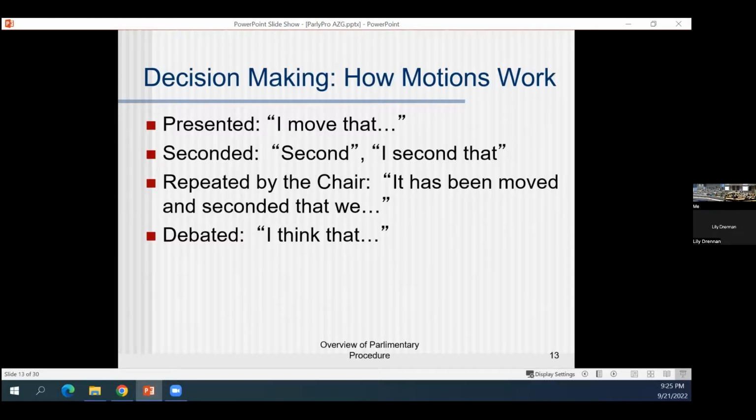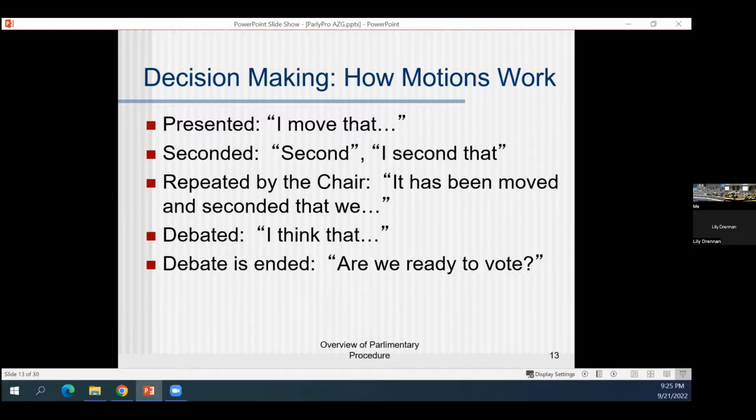We then debate. The person who made the motion gets the right to speak first, and then debate opens up to whomever raises their hand or steps up, whatever the procedure might be in the group, depending on the group size. The chair will point to people, very much like how you run the discussion. The person who is chairing that part of the meeting points out whoever they see as the next person in line to speak.